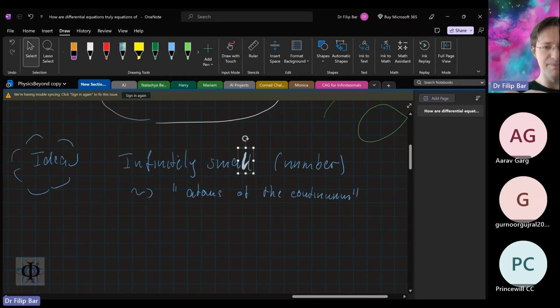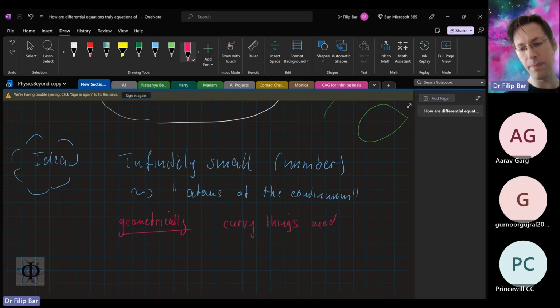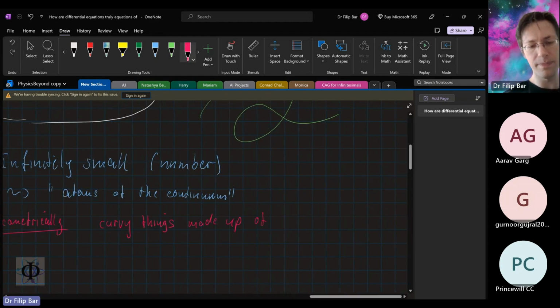So geometrically, curvy things made up of straight lines. Right, curvy made of straight.